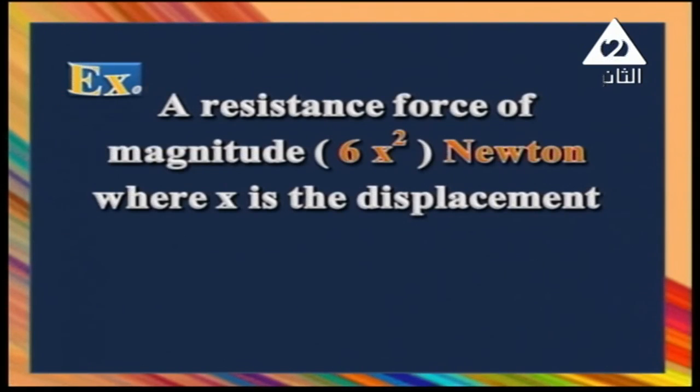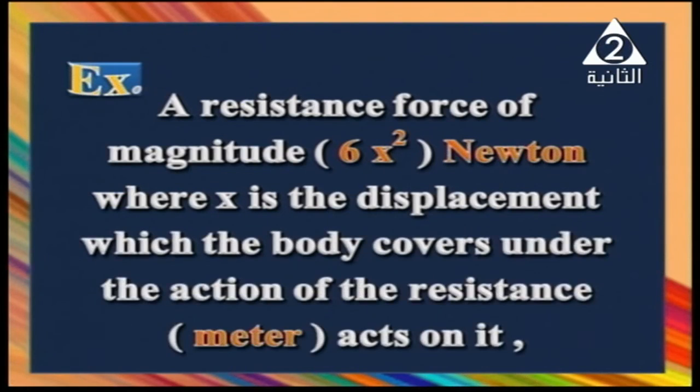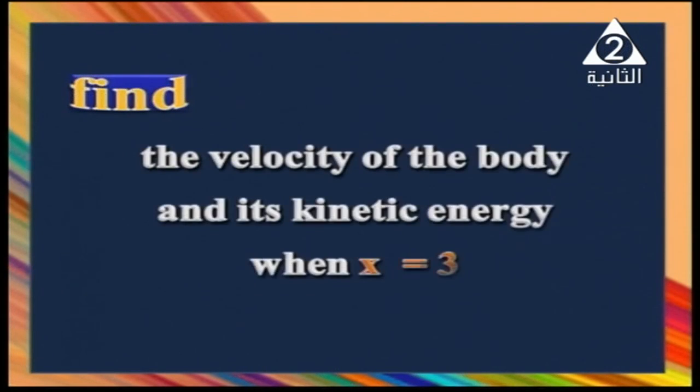A resistance force of magnitude 6x squared Newton, where x is the displacement which the body covers under the action of the resistance, acts on it. Find the velocity of the body and its kinetic energy when x equals 3.